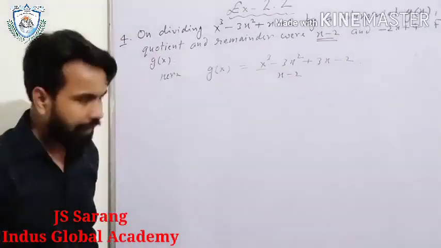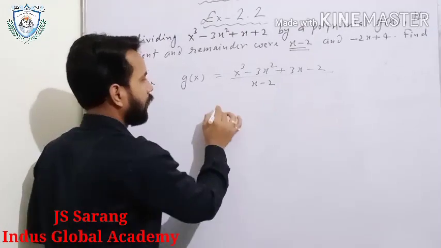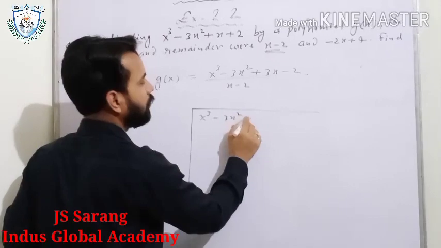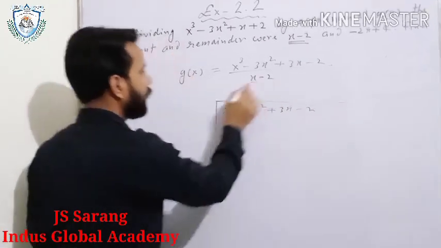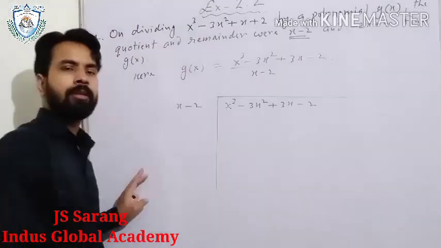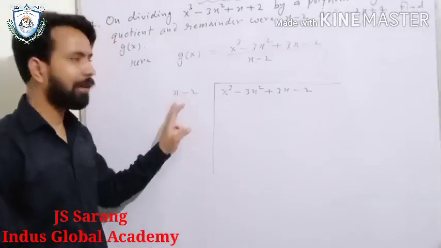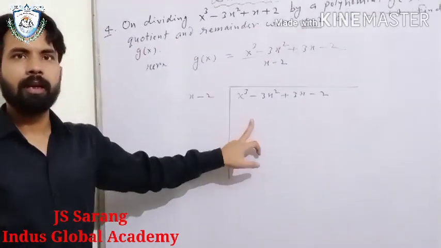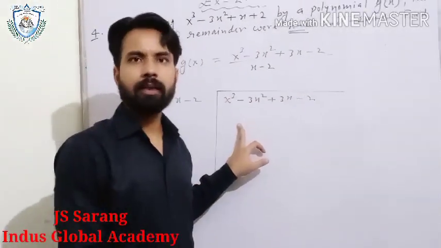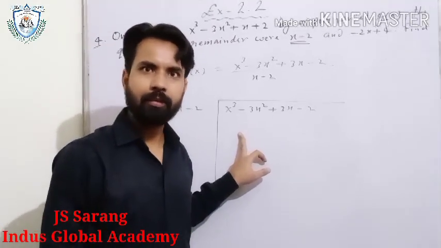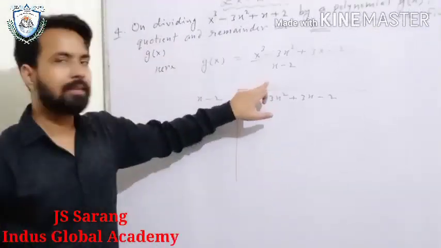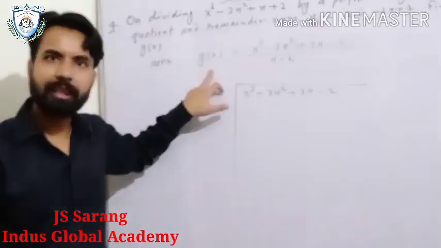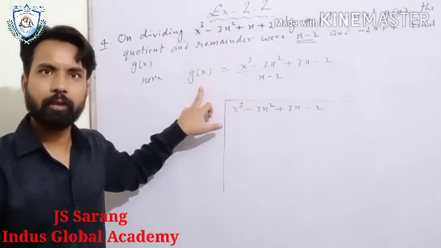How can we divide this? We will write x cube minus 3x square plus 3x minus 2 divided by x minus 2. Now I hope you can divide this sum by yourself. So this question I am leaving to you. You will solve this by yourself. Understood? Whatever the quotient we get after division, that is the value of g(x). So you can do it at home.